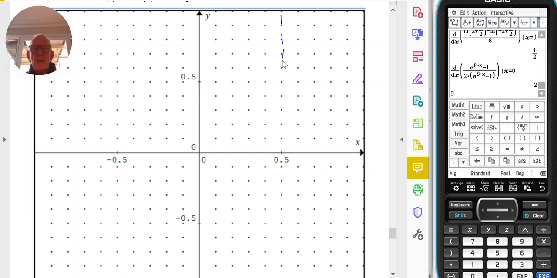So I have an asymptote at x equals a half, and x equals negative a half. And I know that at 0.48, 0.48 is a point that it goes through, and negative 0.48, negative 0.48 is a point that it goes through.